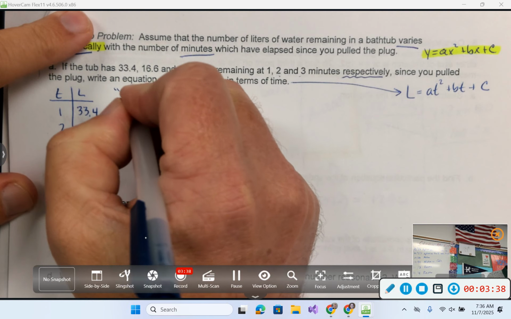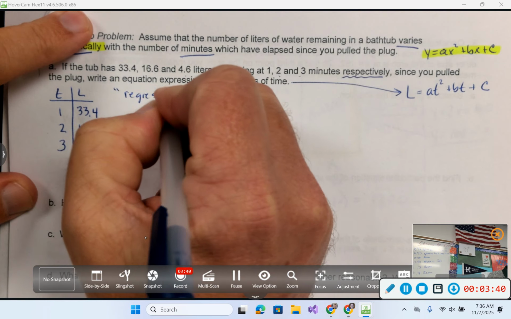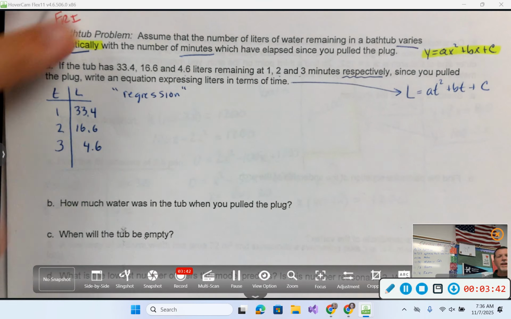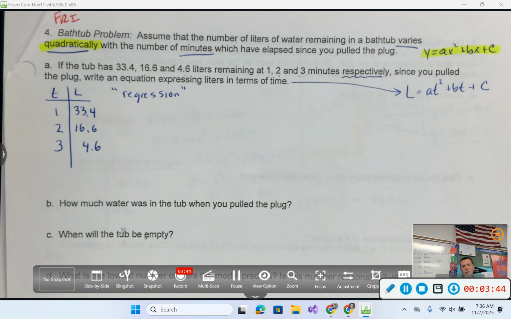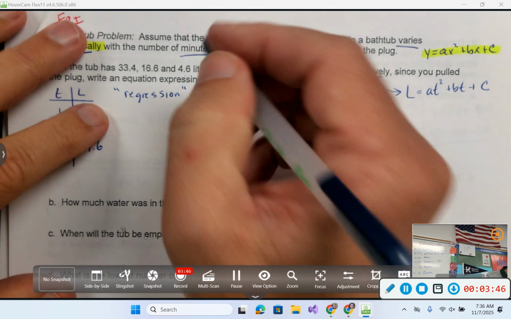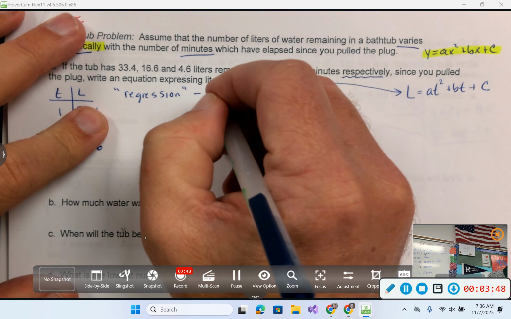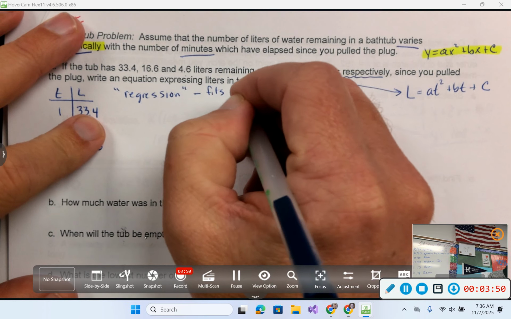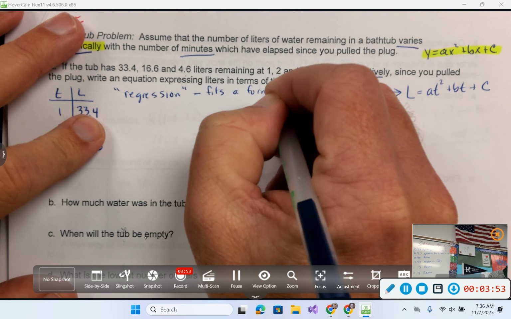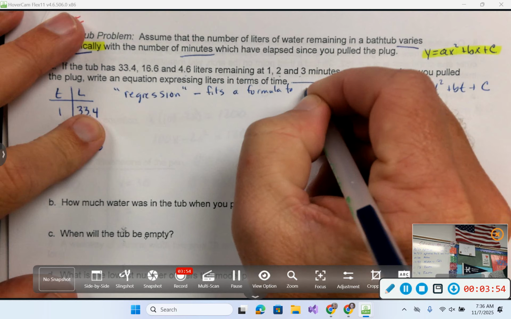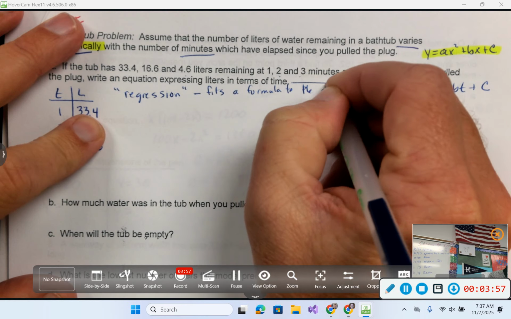What this is called is regression. Sounds bad, like we're regressing, but we're not going backwards. We're doing a regression which fits a formula to the data.